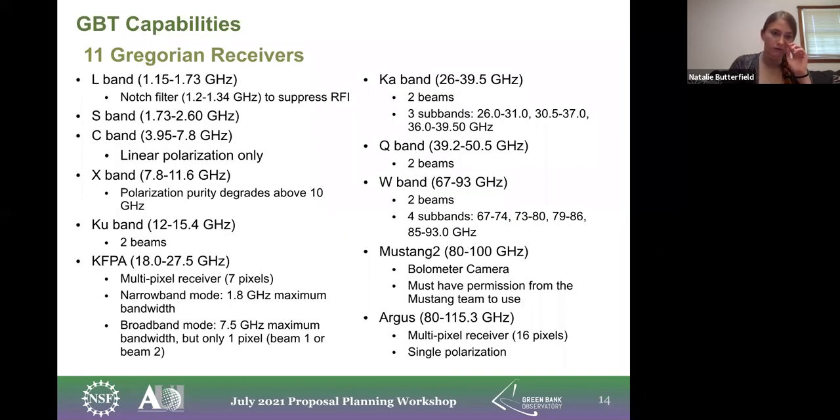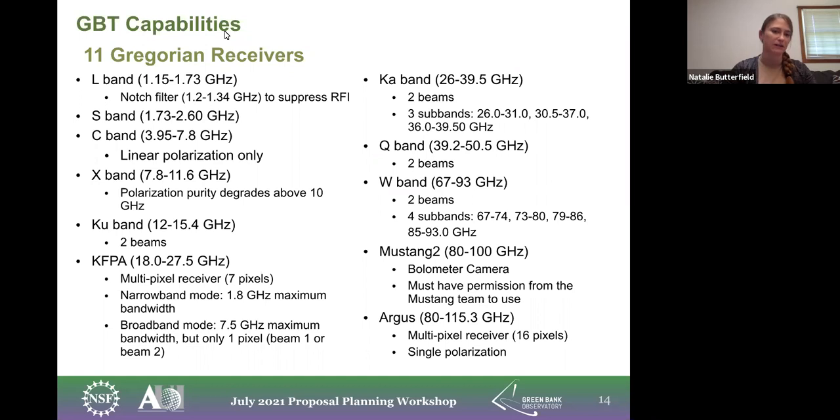Okay, so moving on to the different Gregorian receivers that we have available. There are 11. Again, any 8 could be on the telescope at any one time, but we do have 11 Gregorian receivers. We have several low frequency receivers, like L-band, S-band, and C-band. These are typically on the telescope all the time. L-band is huge, so it's hard to bring that down or put it back up.